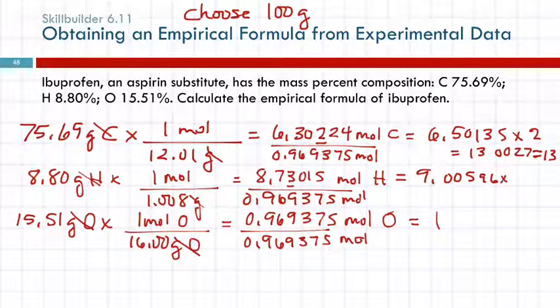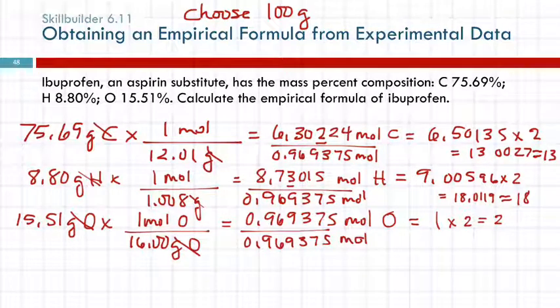So I have to multiply this one by 2 also. So that gives me 18.0119. Still close enough to round. So that's going to be 18. And 1 times 2 is 2.